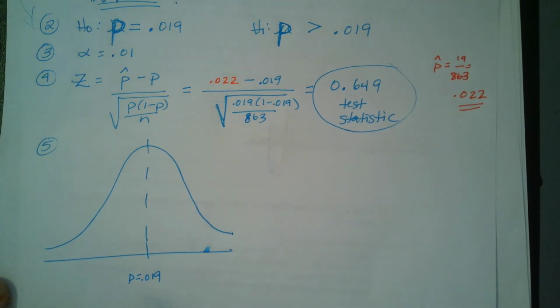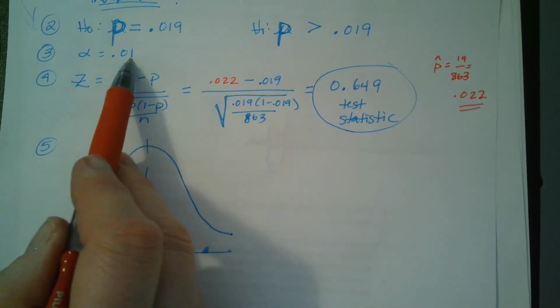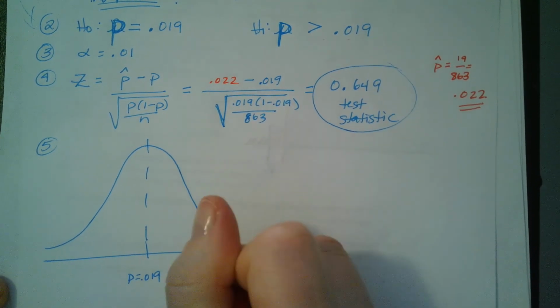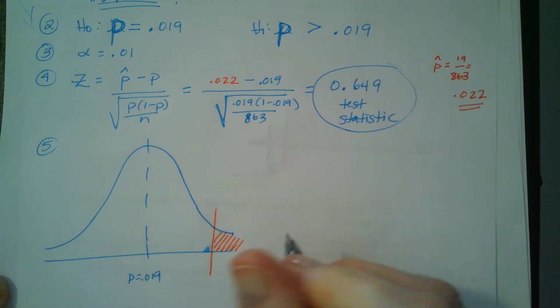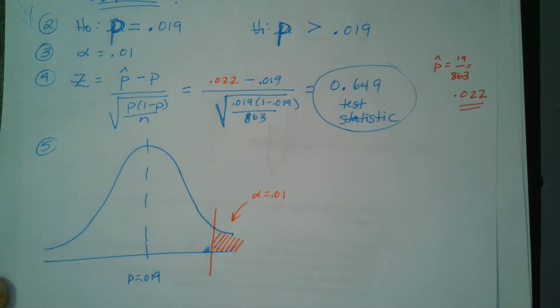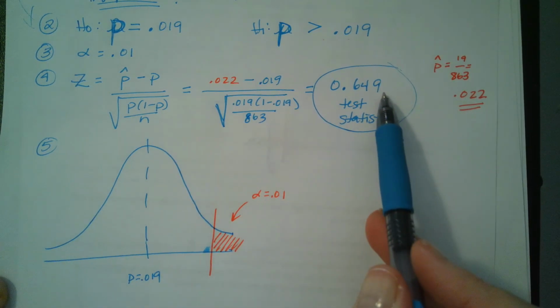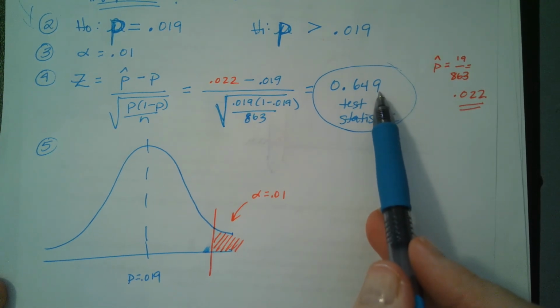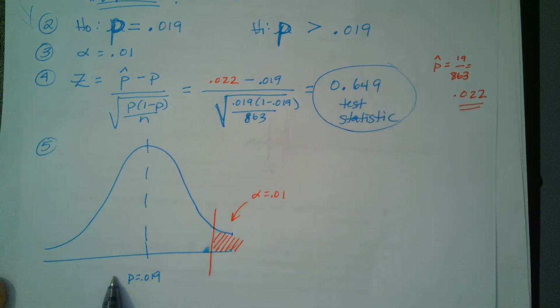I also know that my reject zone is 1%, and this is a right-tailed test. So this is going to be my reject zone, because alpha is 0.01. I'm looking for this probability right here. I have a z-score of 0.649, and I want to find out where that lies down here so that I can decide if that lies in this reject zone or not.